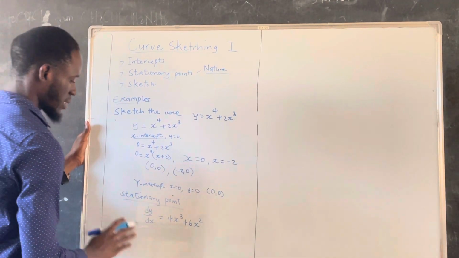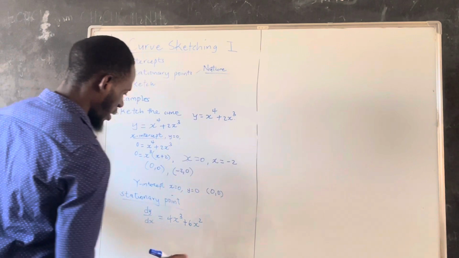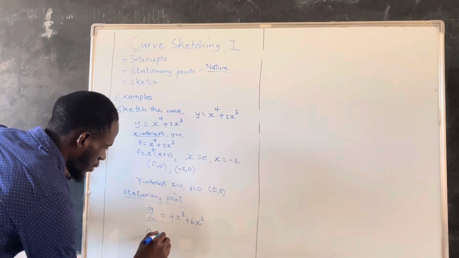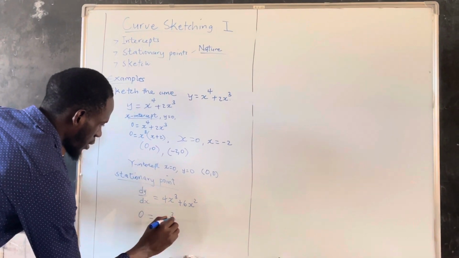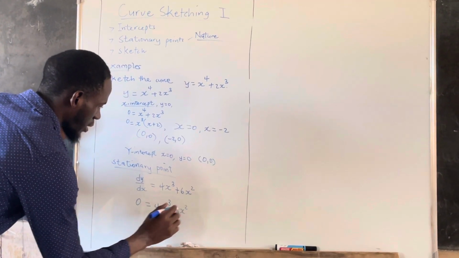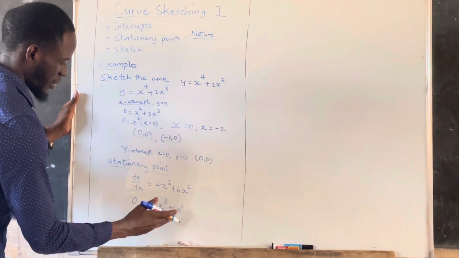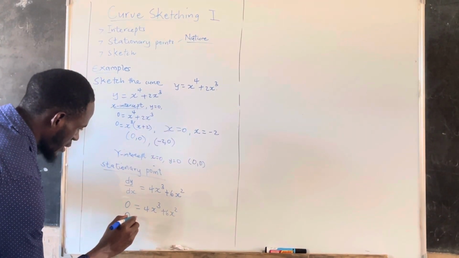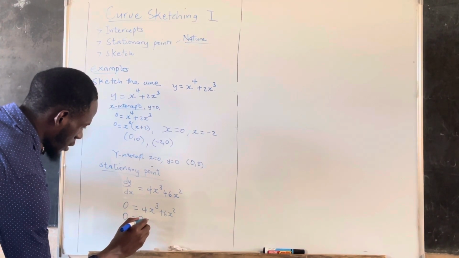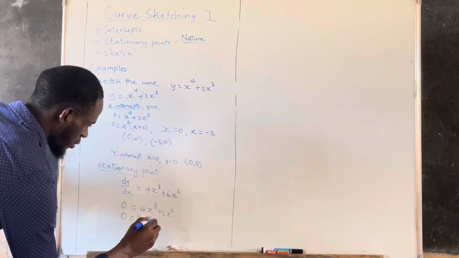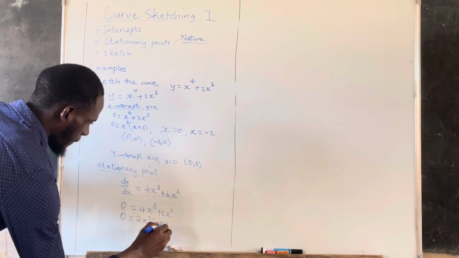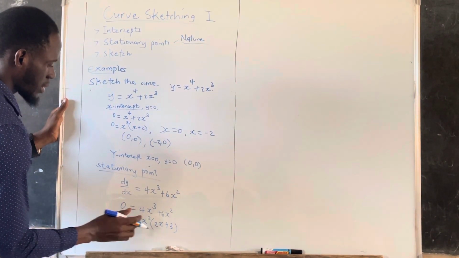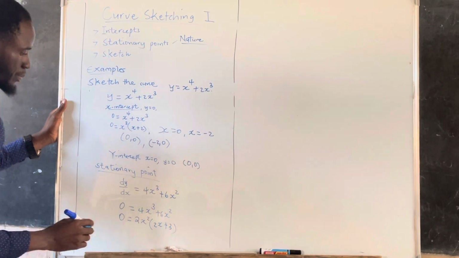But we know very well that at stationary points, the gradient function is 0. So we shall say 0 is equal to 4x cubed plus 6x squared. Then we can factorize out the common term, which is 2x squared. Here I will stay with 2x plus 3. Now I'm going to equate this to 0 and also this to 0.